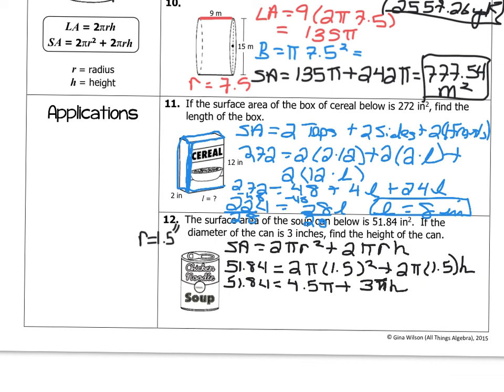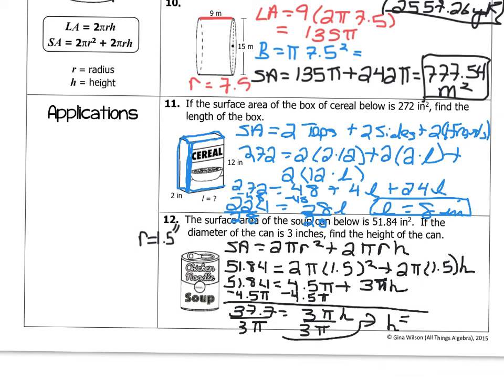Okay, so 51.84, I'm going to subtract 4.5 pi, minus 4.5 pi, and you end up with 37.7 equals 3 pi h. Divide by 3 pi, and you end up with your height equaling 4 inches.